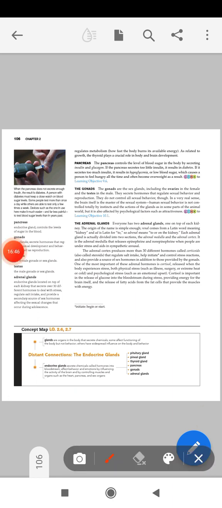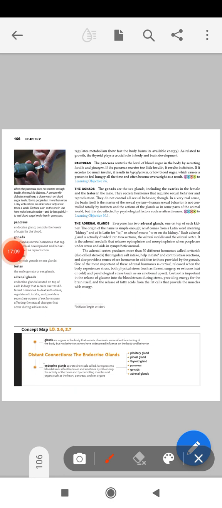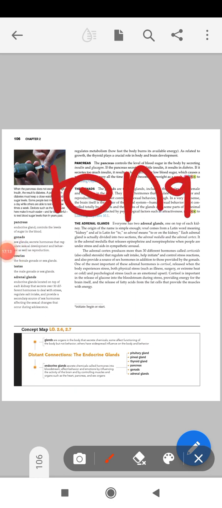Okay, next one is the adrenal gland. What is the meaning of adrenaline? It is a root word actually, and whenever you see this word adrenal or adrenaline, it is related to your kidney or renal. If you find a word which starts with renal, this means it is related to the kidney.